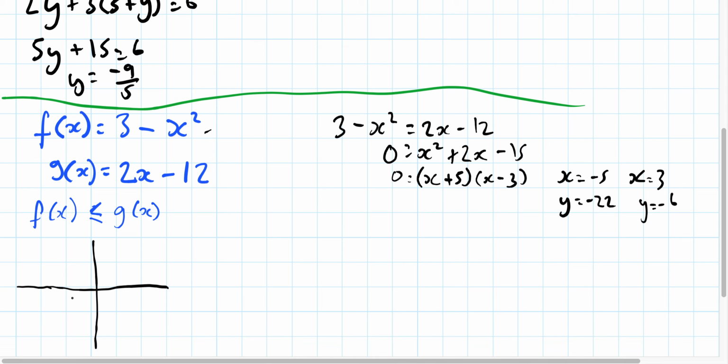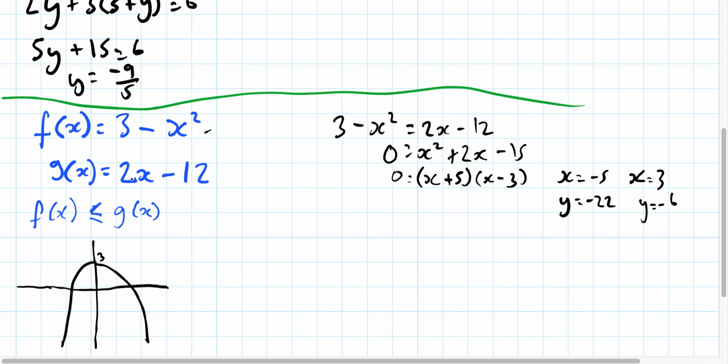So it's a minus x squared, and it's going through a y-intercept of 3, so it's going to be here, something like that, and that is 3. We could work out what these points are by making this equal to 0, which is going to be plus or minus square root 3 either side.